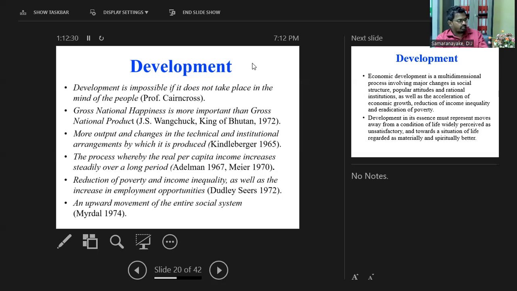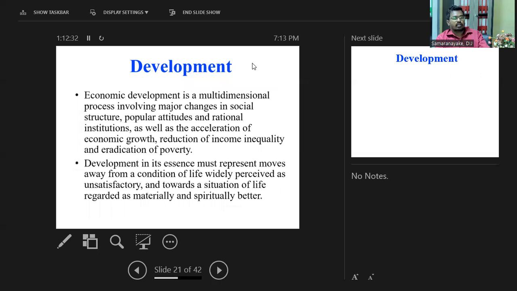And then in general, having all this, we can say this development, and especially here we'll focus on economic development, as our focus on development is more economically oriented.